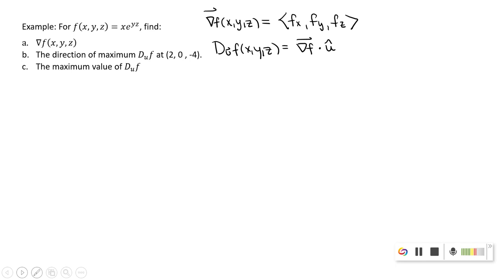Now, we can extend all of these ideas to functions of more than 2 variables. So far, I've only done my examples with functions of 2 variables, but we could find a gradient for a function of 3 variables or 4 variables, just extending that idea. So the gradient vector for a function with 3 variables is going to have 3 components: derivative with respect to x, derivative with respect to y, derivative with respect to z.